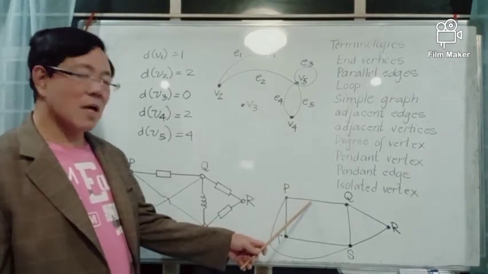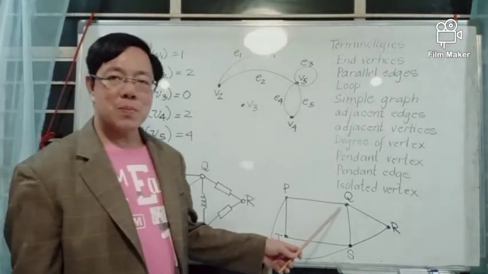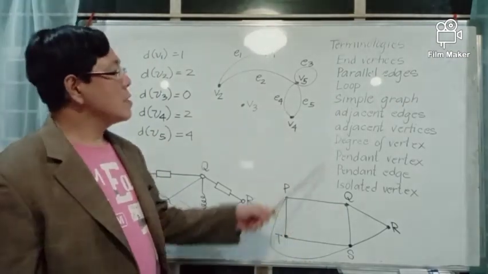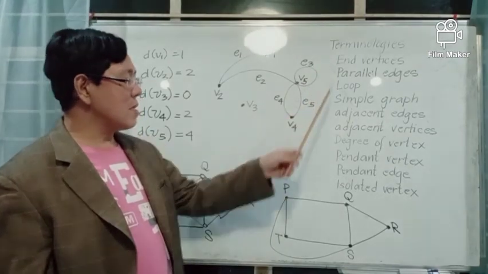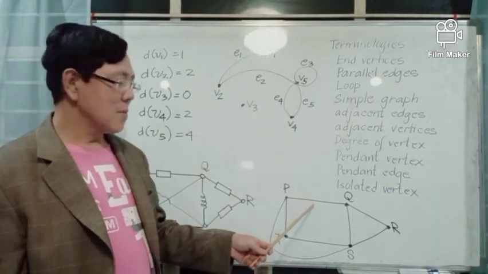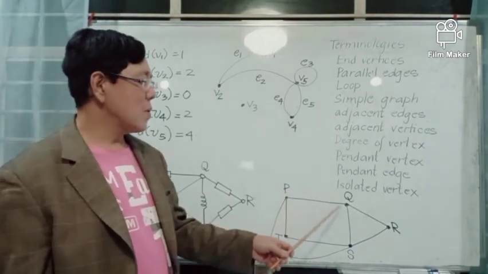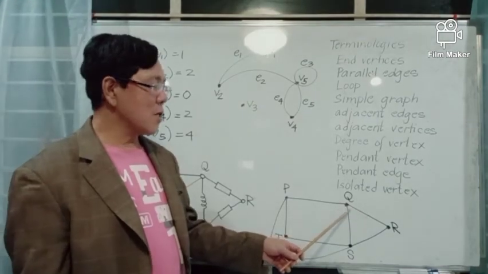For instance, this edge would be represented by the pair P and Q. And for this graph, you write the end vertices for each edge. For this edge, the end vertices are P and Q. For this edge, the end vertices are Q and R.